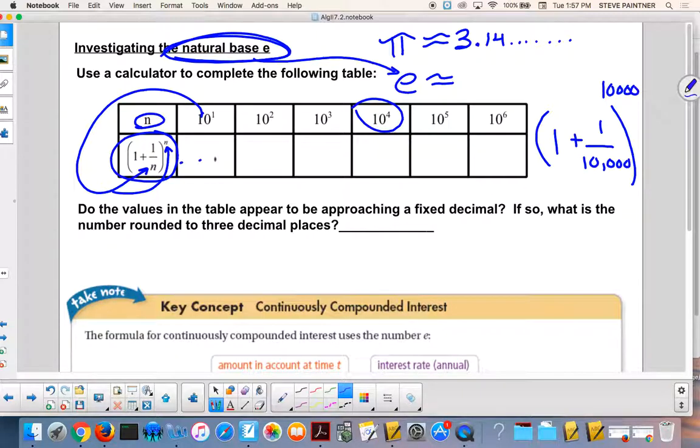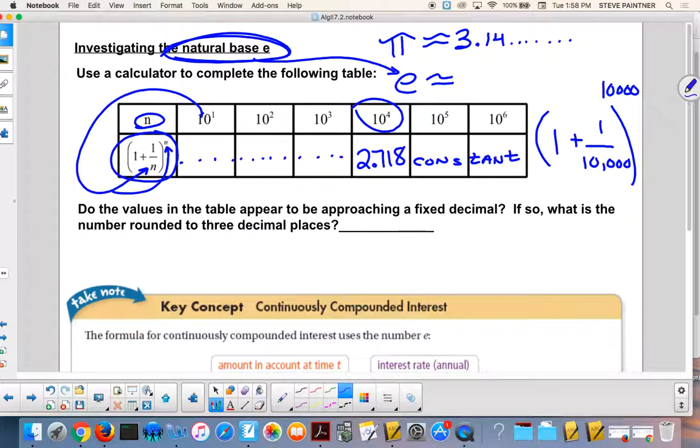This takes a while. The number will never change, no matter what I put in after 10,000. Is it 2.71? I need a little more than that. 2.718. Yes. It does go on forever, but we're going to cut it off there. It will never change. It stays what?